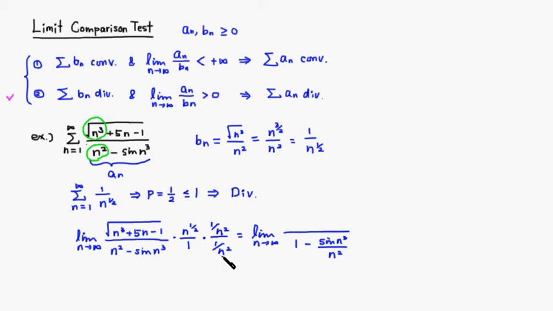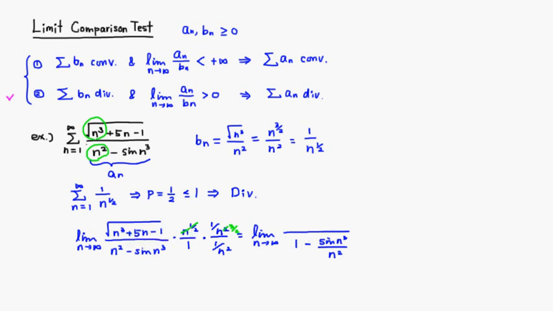Then we can cancel. There's n to the 1/2 power, and you have n squared on the bottom, so 2 minus 1/2 is 3/2. So you're dividing by n to the 3/2 power. If you put that inside the square root, it's equivalent to dividing by n cubed.